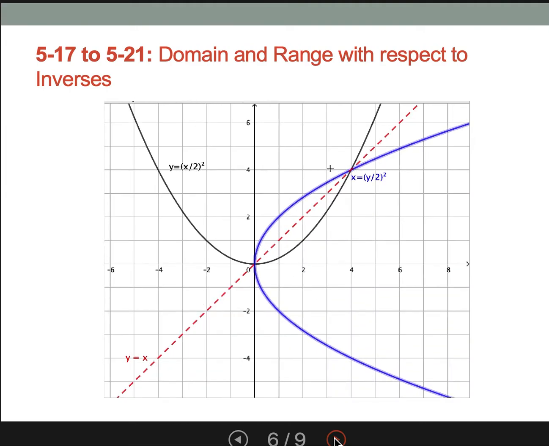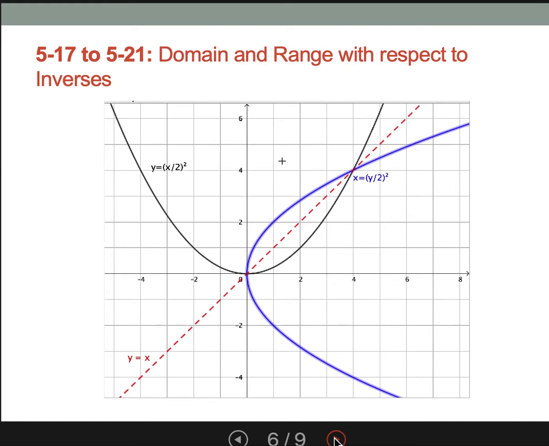So there is our original function and our reflection of it over y equals x, which is our inverse equation.